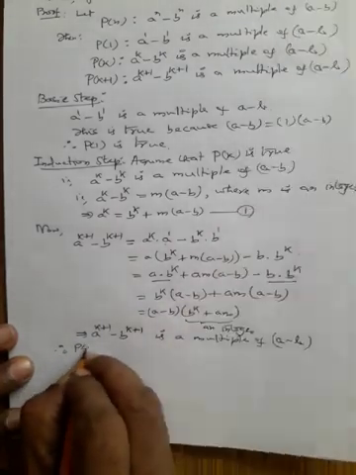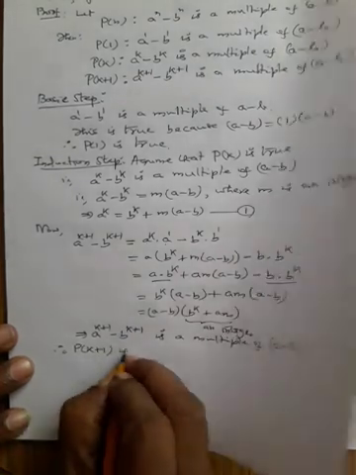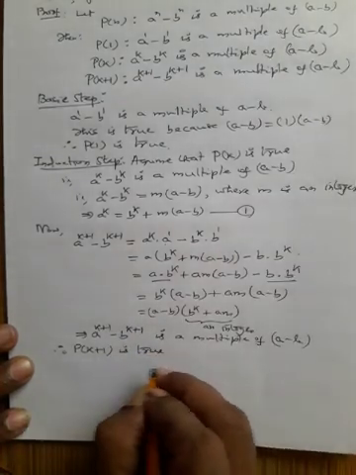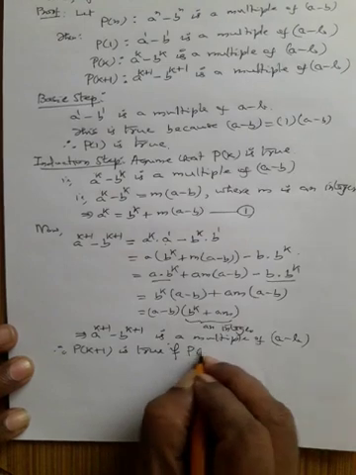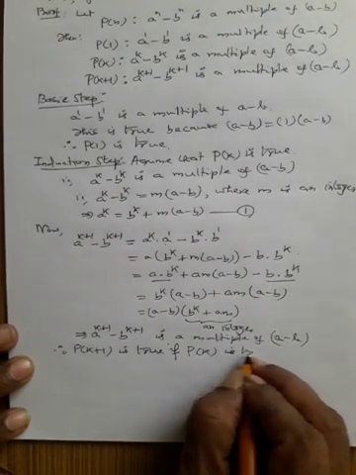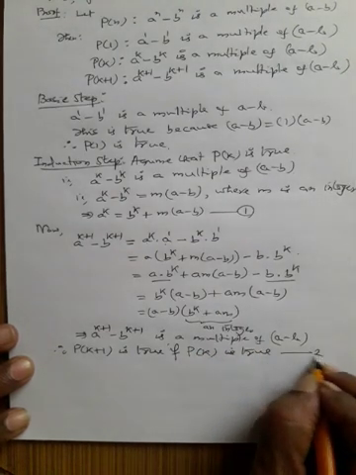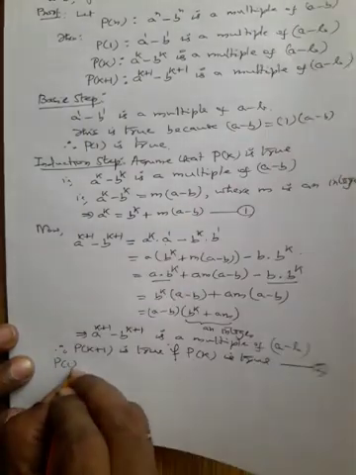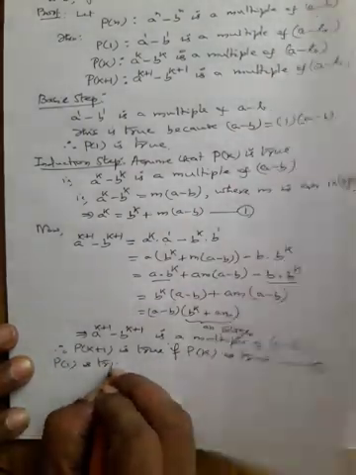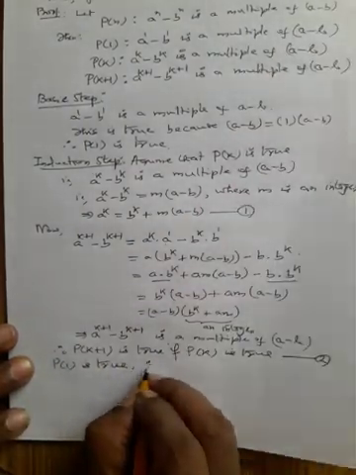Therefore, P of k plus 1 is true if P of k is true. Number 2, P of 1 is true. Already we proved P of 1 is true.